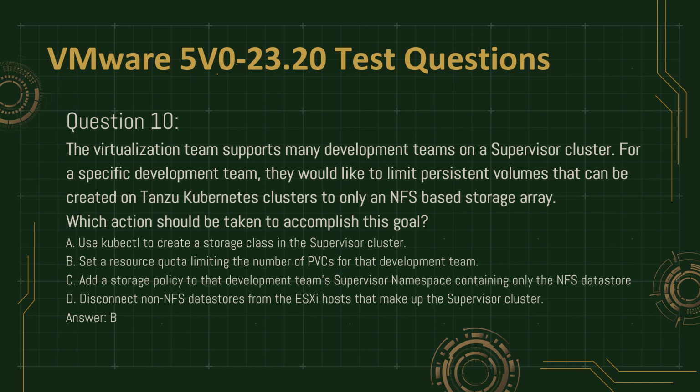B. Set a resource quota limiting the number of PVCs for that development team. C. Add a storage policy to that development team's supervisor namespace containing only the NFS data store. D. Disconnect non-NFS data stores from the ESXi hosts that make up the supervisor cluster. Answer. B.